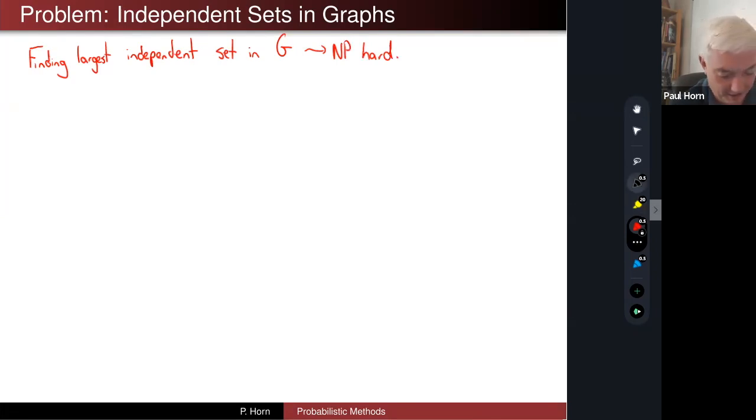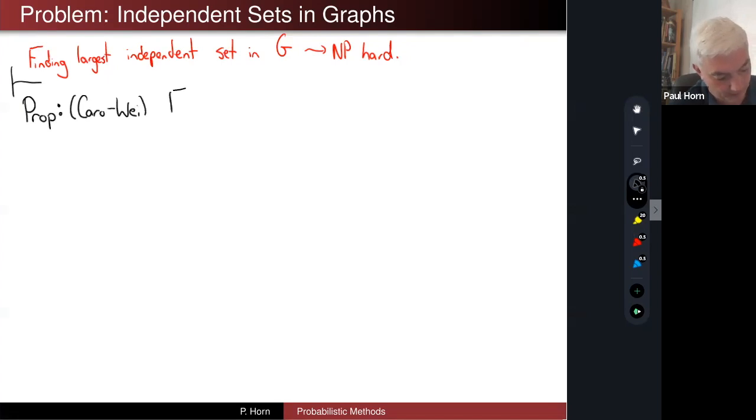But on the other hand, one of the really beautiful inequalities that one can get, a lower bound on the independence number of a graph, and a very beautiful way of proving it, is using the probabilistic method. So I kind of wanted to show it off. This is known as the Caro-Wei bound.